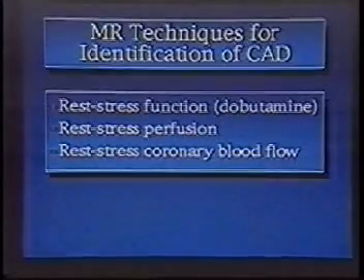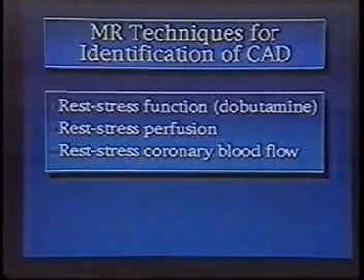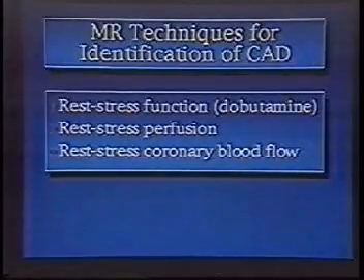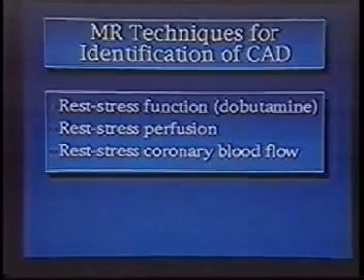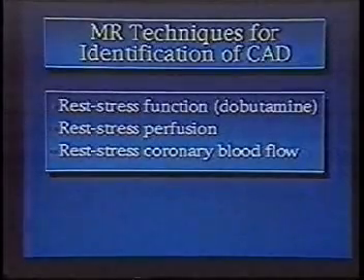We usually use dobutamine as the stressing agent, because normally it's difficult to ride a bicycle while you're in the magnet. Although there are some centers, especially in Europe, that have set up a bicycle-type system in the MR suite where the patient can lie supine and exercise, but it's really cumbersome, as you might imagine. Probably not too easy for the patient. So we usually use dobutamine. We can also do rest and stress perfusion and coronary blood flow imaging as well.